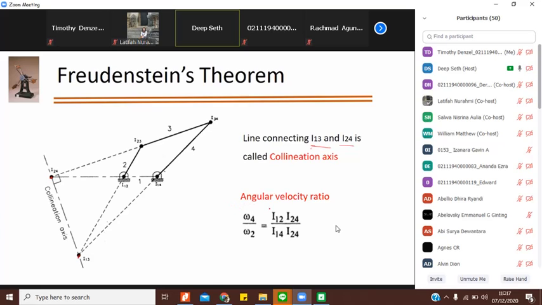Okay, so here you can find the angular velocity ratio. So here you have omega 4 by omega 2.